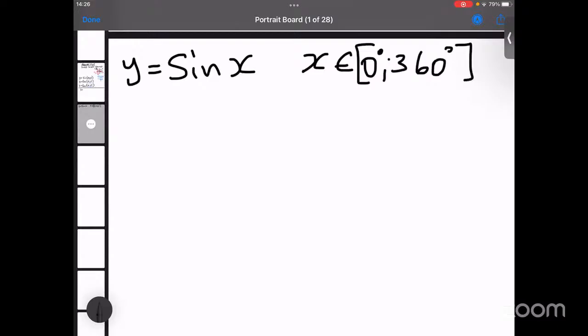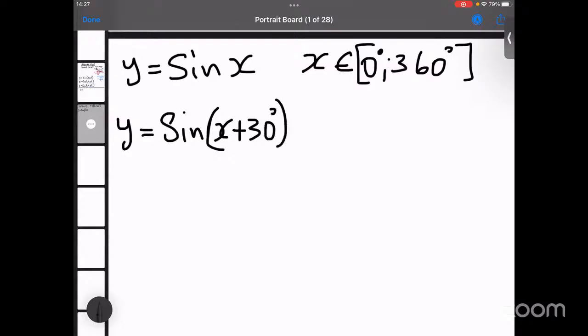And what I would like for us to do is to plot that same function, but this time around we shift it by a certain amount of units. Let's just say we add 30 degrees there.